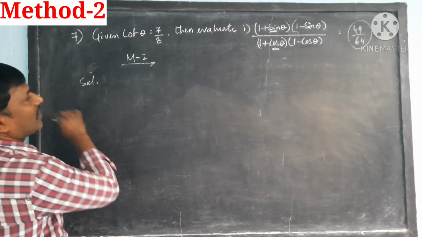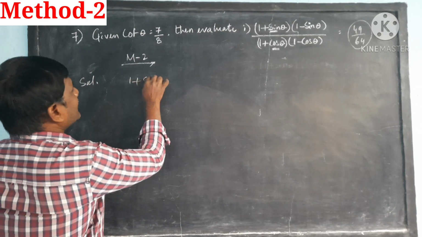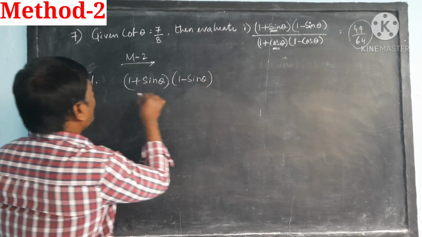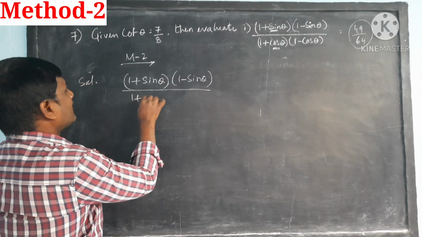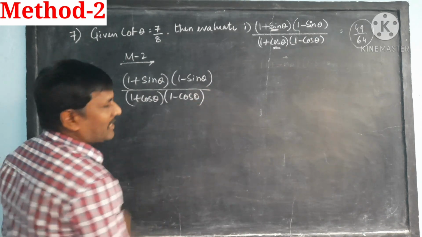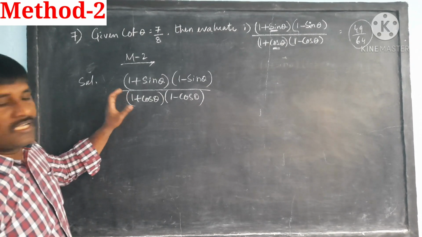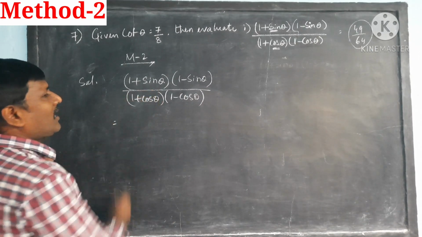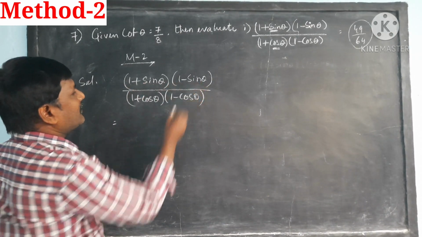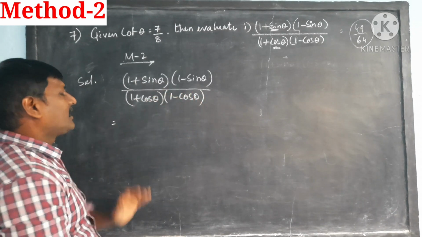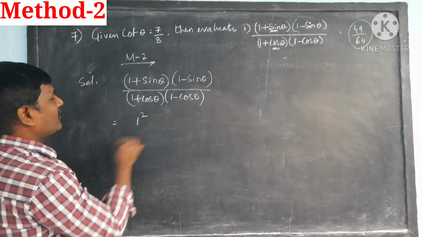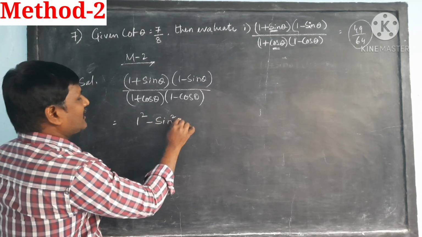You can write the question now: (1 plus sin theta) into (1 minus sin theta) whole divided by (1 plus cos theta) into (1 minus cos theta). Then you have to use the algebraic identity a plus b into a minus b, because it is in that format. Applying this identity, you can write 1 square minus sin square theta.